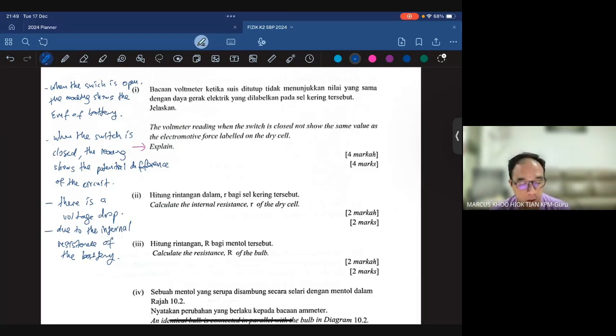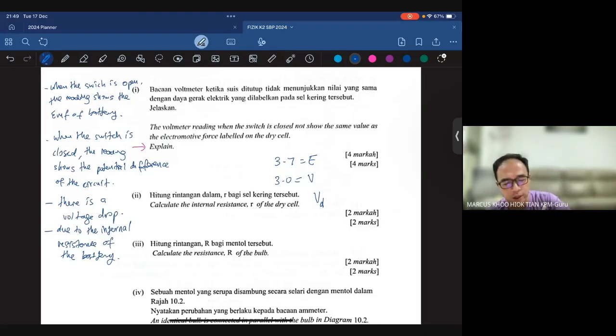All right. Calculate the internal resistance. Internal resistance is due to the voltage drop. So originally 3.7 is the EMF. The voltage is 3. So the voltage drop, usually I write VD, is 0.7.